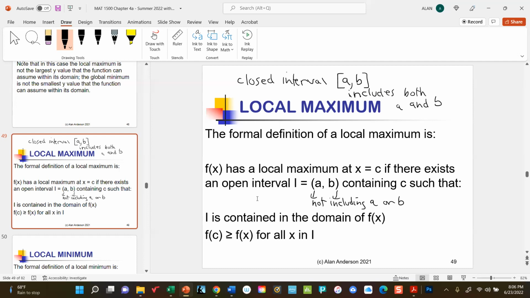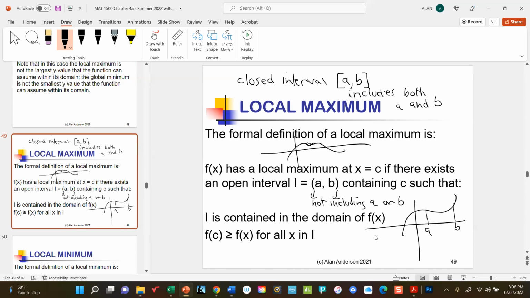Anyway, if we have an interval over our function, which means we're not looking at the entire function, we might be looking at, let's say, just this piece here. Also keep in mind, the interval has to be in the domain. This isn't going to work if you've got a gap in your function.